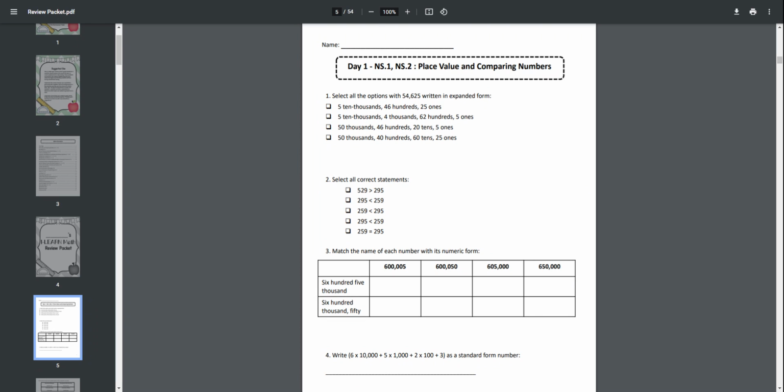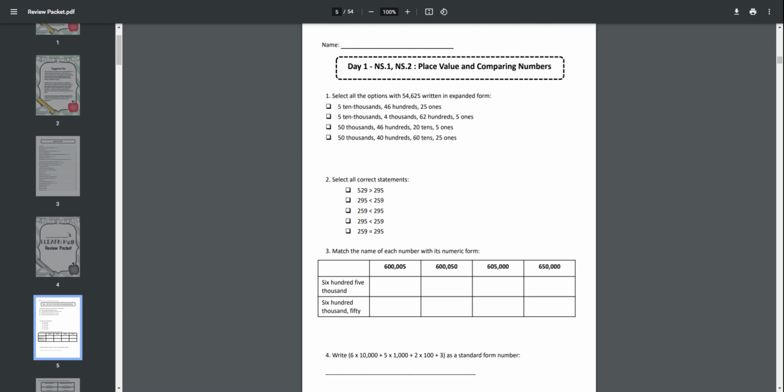Number one, select all the options with 54,625 written in expanded form. First choice, 5 10,000s, 46 hundreds, and 25 ones.